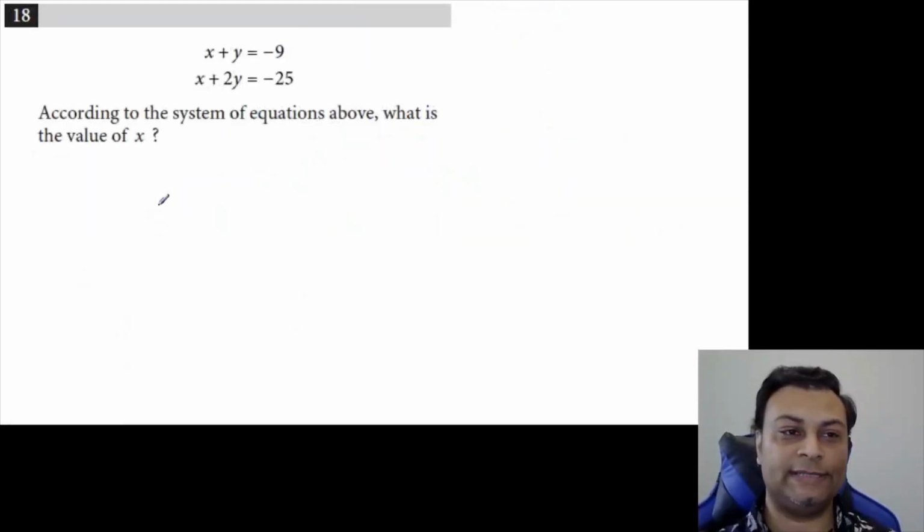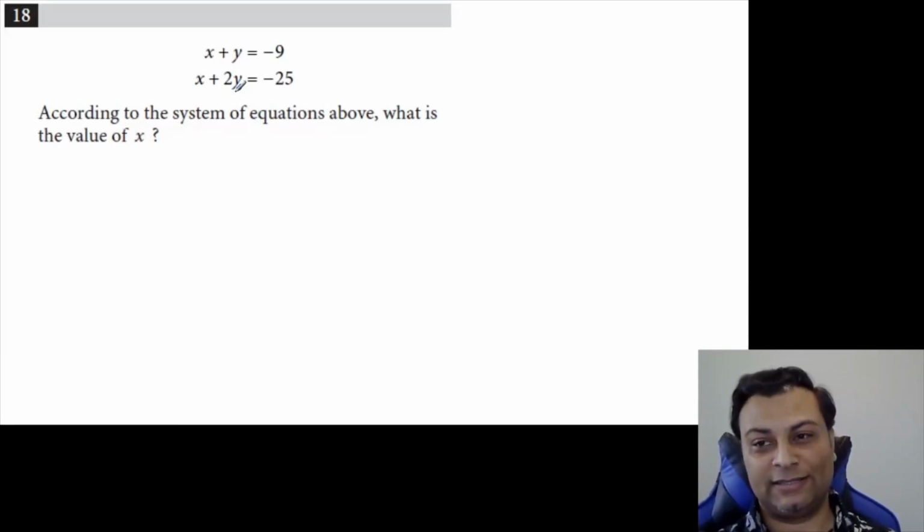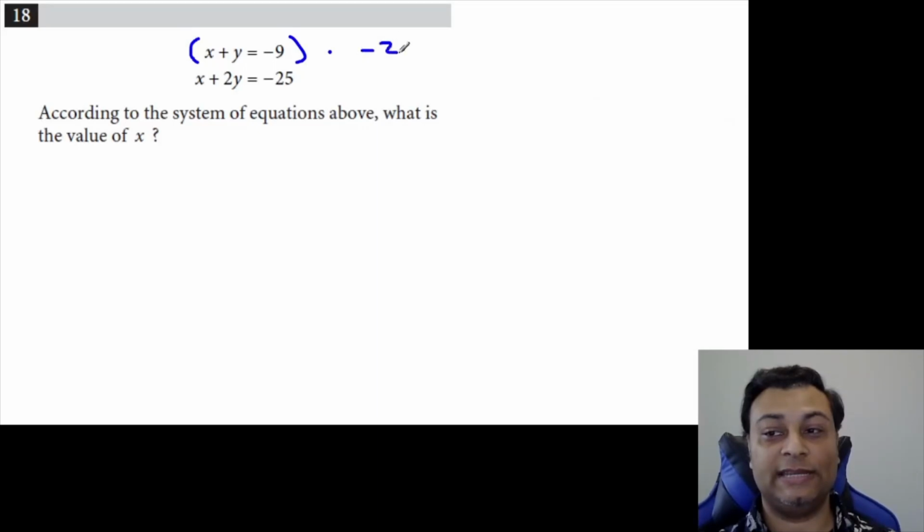Moving on to number 18. According to the system of equations above, what's the value of x? Okay. We want to eliminate, and it's better to eliminate y. You could eliminate x, solve for y, come back and get x, which works. But how about we just eliminate y? That way we can get x instantly. So let's multiply everything in this line by negative 2. That will cause the y's to eliminate.